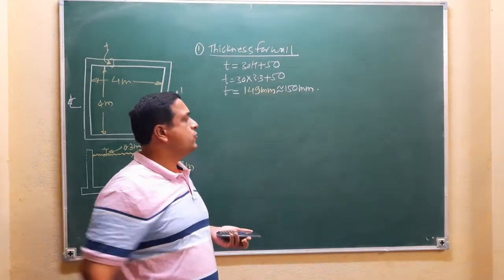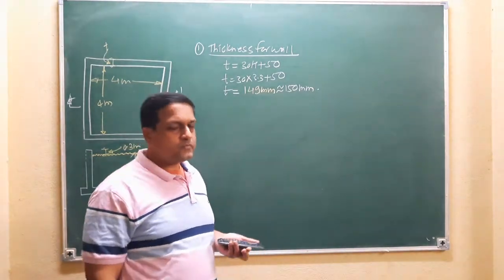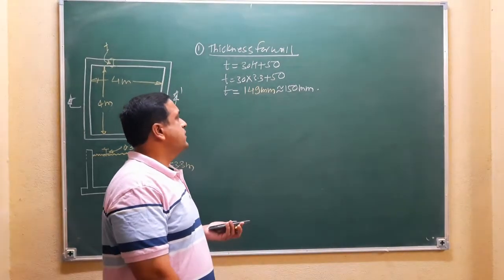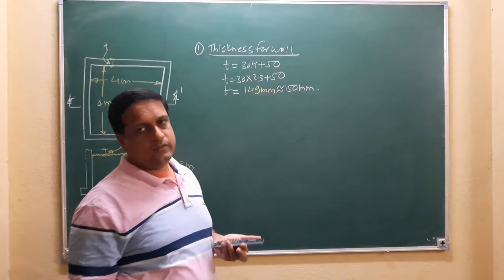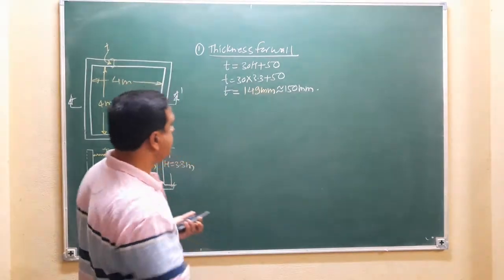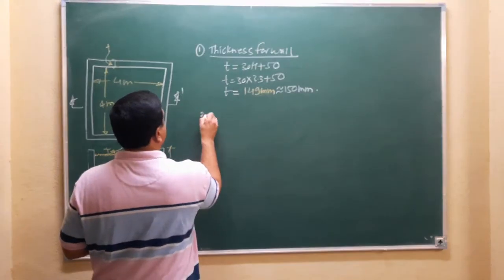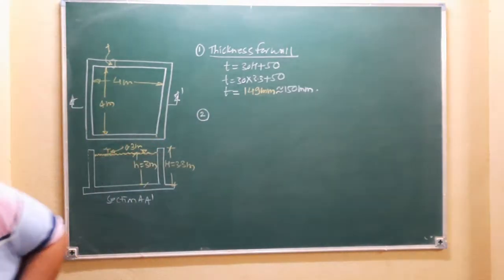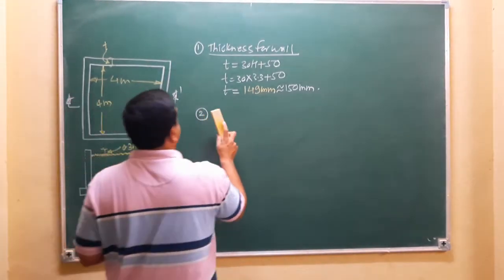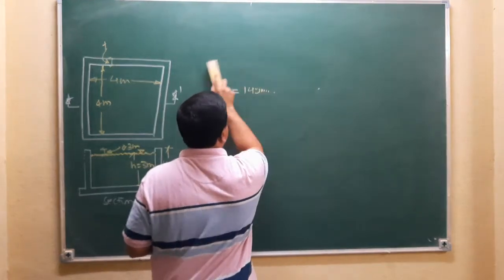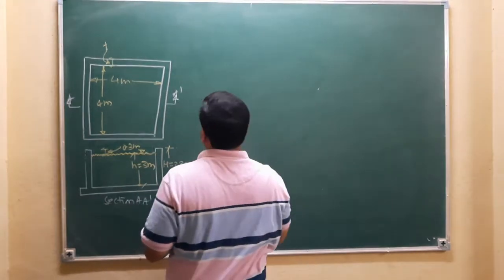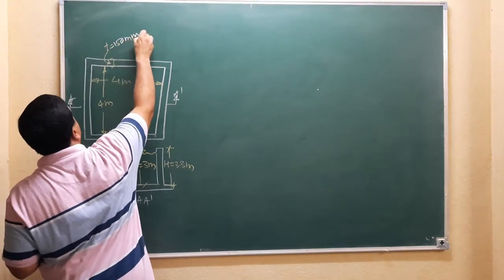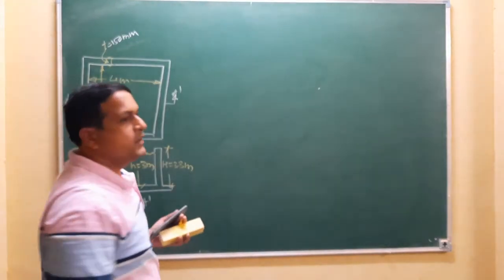Now we are going to follow this criteria, 150 mm. So this is the thickness of the wall. This is your first step. So the provided thickness is 150 mm.